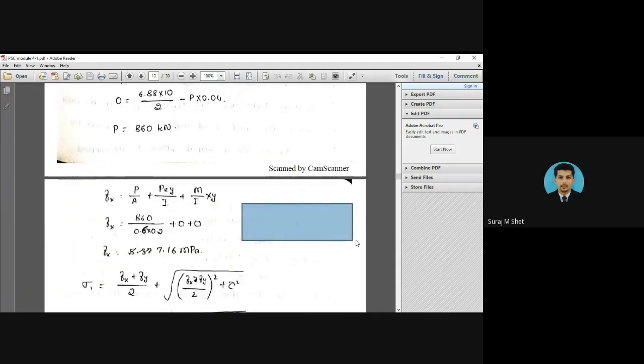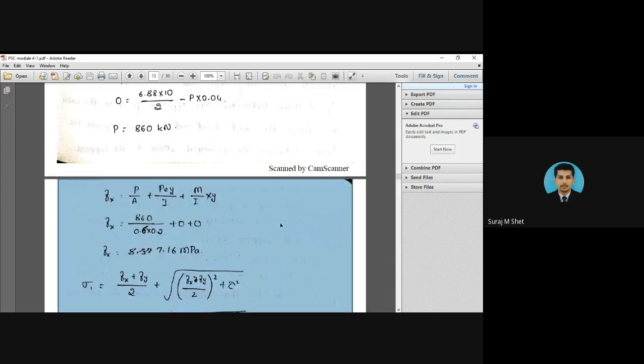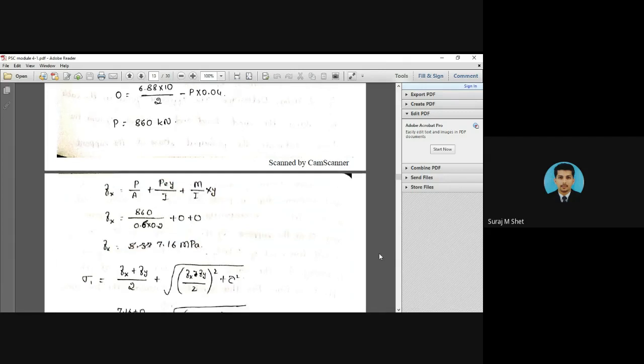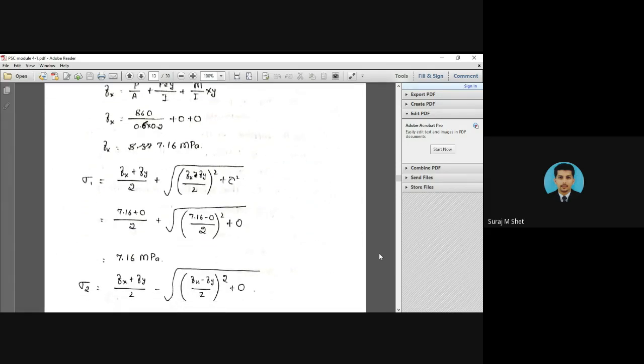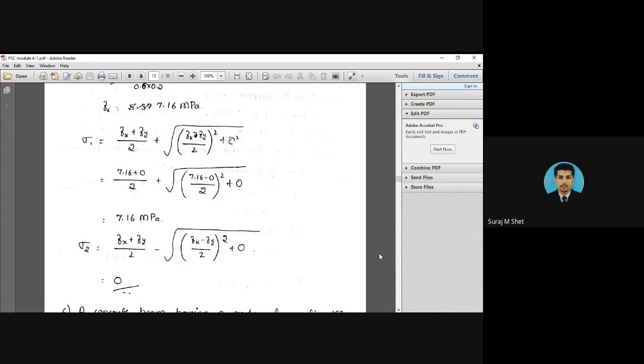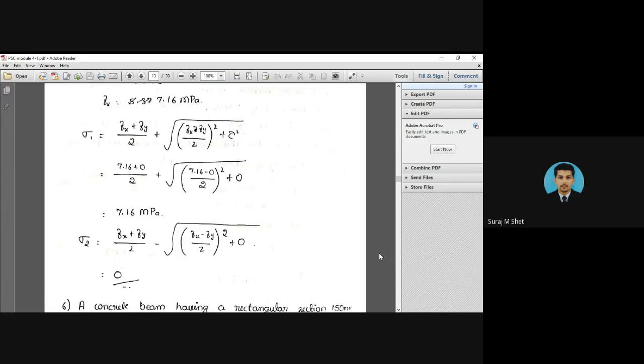If I calculate at the center or midspan, I get some e value, but at the support there is no e value and no moment, so I substitute this value as 0. I just calculate the Fx value, and after finding it, I substitute it into the principal stress formula. I get sigma 1 and sigma 2: sigma 1 is a positive value and sigma 2 is a negative value.